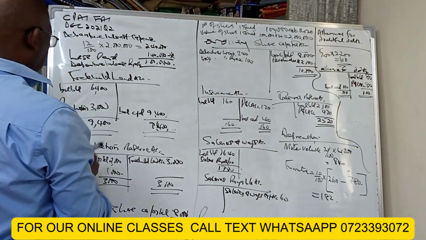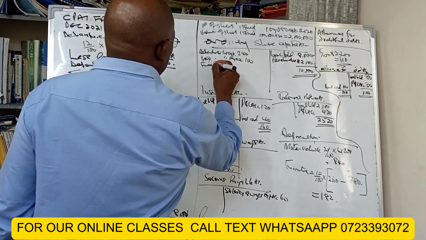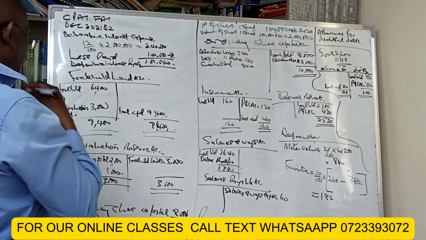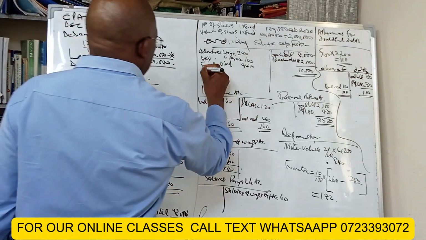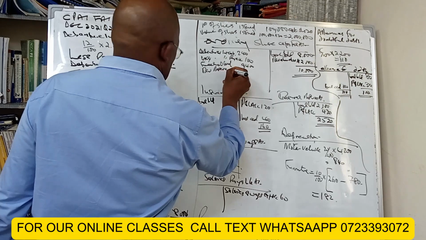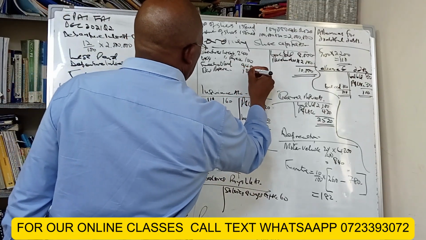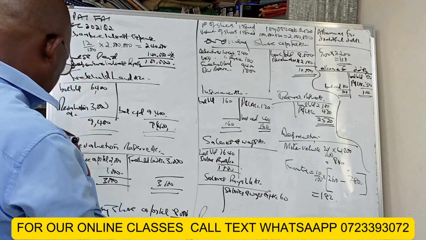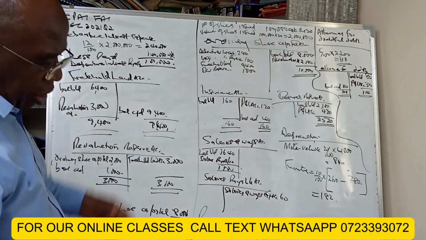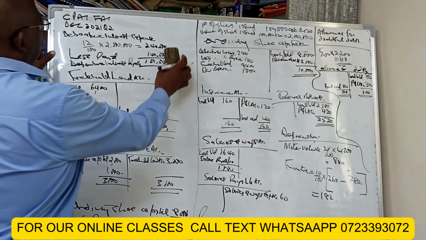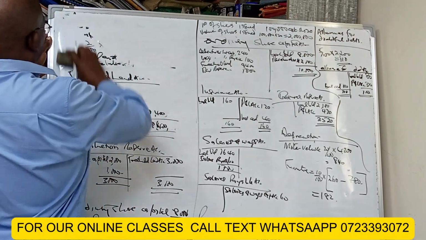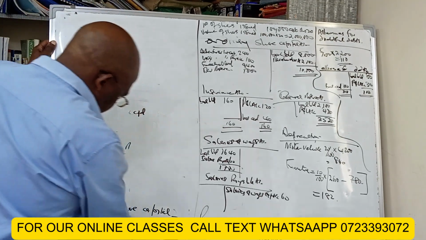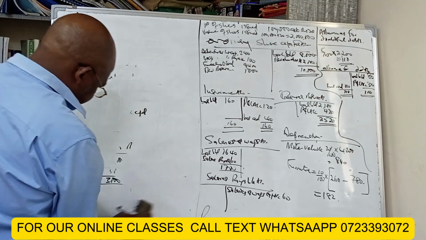Freehold land is 9,400. The revaluation reserve balance is 1,000. And this we don't need. So we can use this area to prepare our income statement and our statement of financial position.